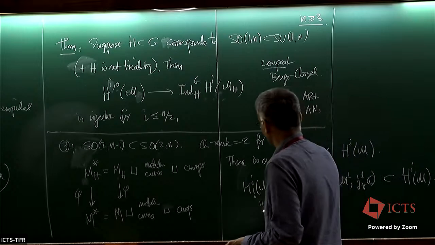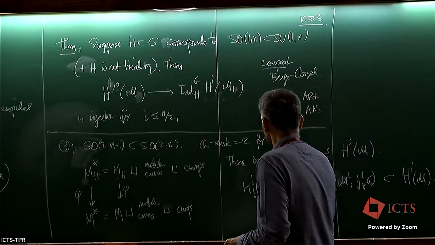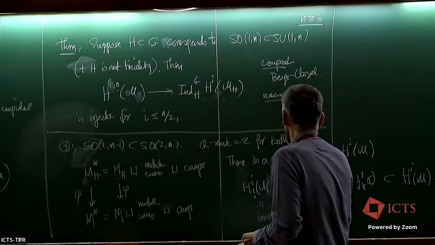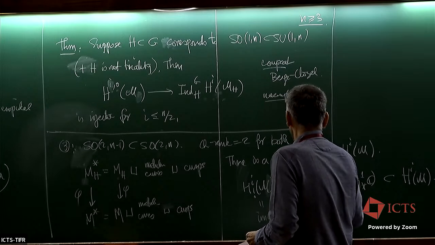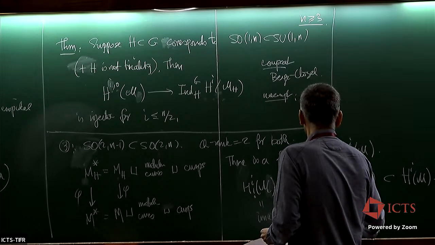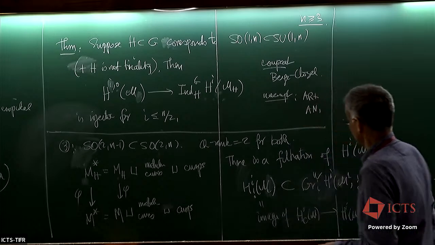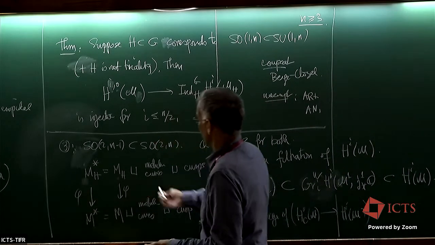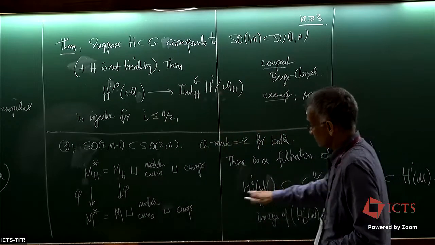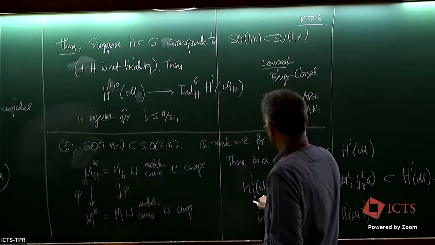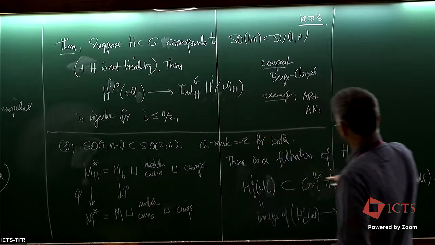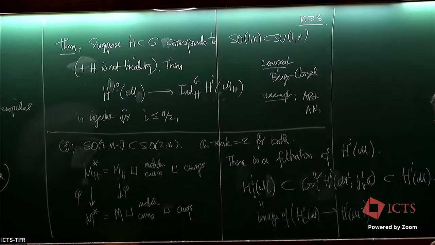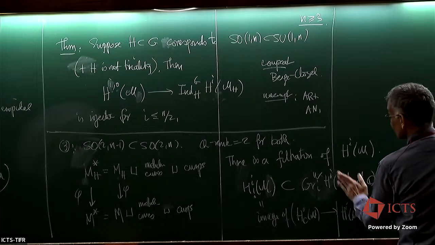This is the image of the compactly supported cohomology. And this is a functorial object because phi is a proper map. So there is a similar filtration for H, and you get maps on it. This is a tricky group that one has introduced.